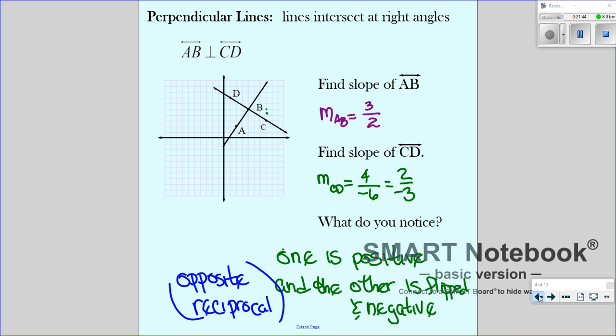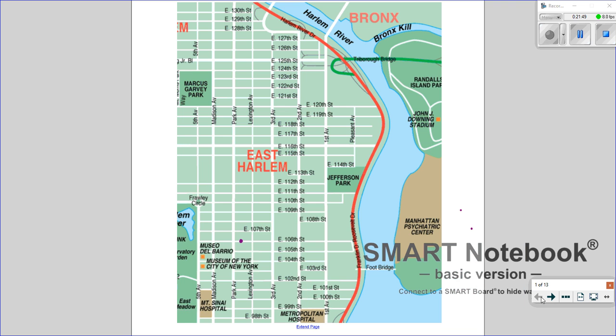And this goes back to what was shown in the beginning with the map. If you wanted to know if Madison Avenue is parallel to Park Avenue, you would try to find the slope. And the same thing, if you want to know if Park Avenue is perpendicular to 106, you would have to find the slope and see if it's the opposite reciprocal.